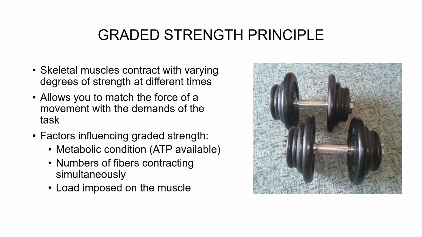What this does is it allows you to match what you need to do with how you have to do it, with the task. So for example, if I am arm wrestling somebody, say my age and my size, I have to put in X amount of effort, right? I probably have to put in 90 to 100% effort in order to beat somebody my size and my age.